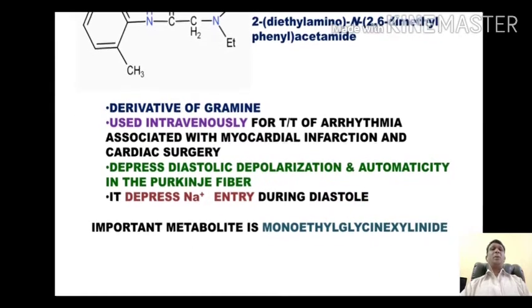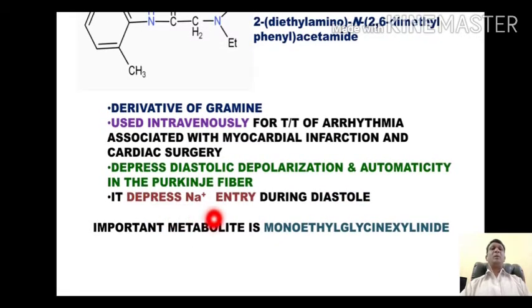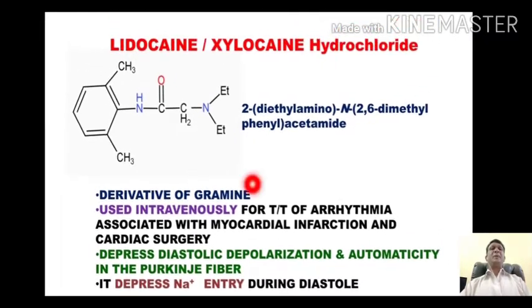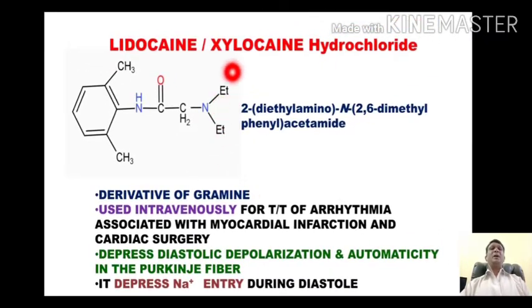And one important point is that the important metabolite of lidocaine is monoethylglycine xylidide. That means during metabolism, one of the ethyl groups will be removed in the process of dealkylation, more especially here it is deethylation.